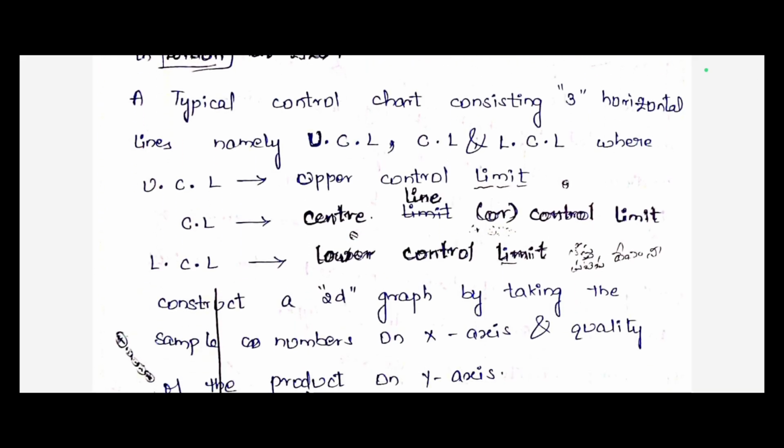A typical control chart consists of three horizontal lines, namely UCL, CL and LCL. UCL stands for upper control limit, CL stands for central line or control limit, and LCL stands for lower control limit.